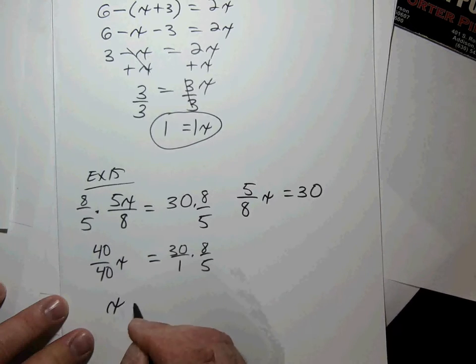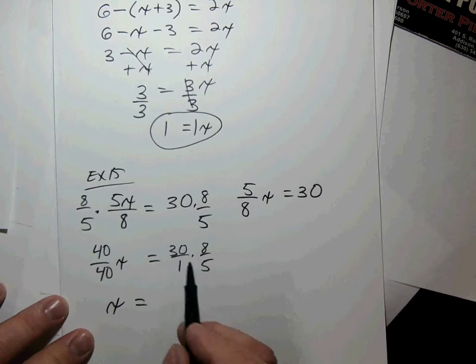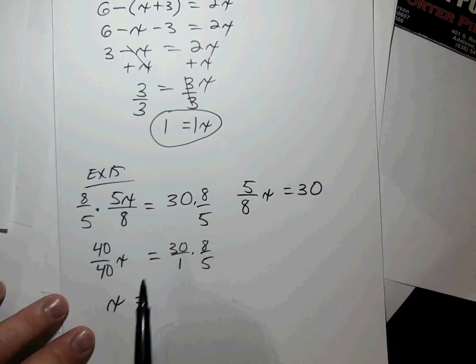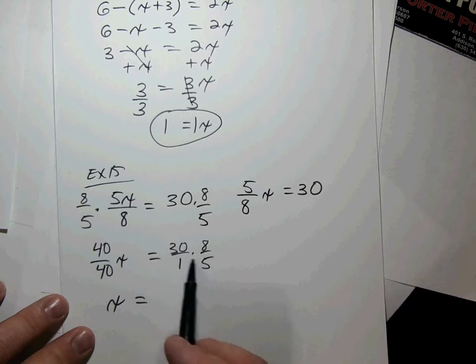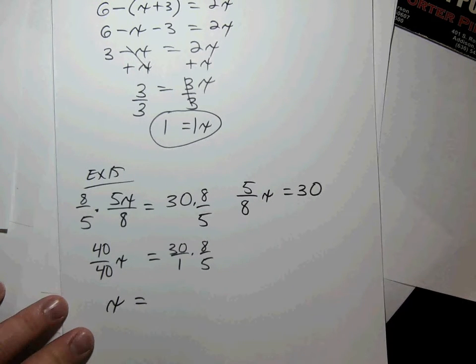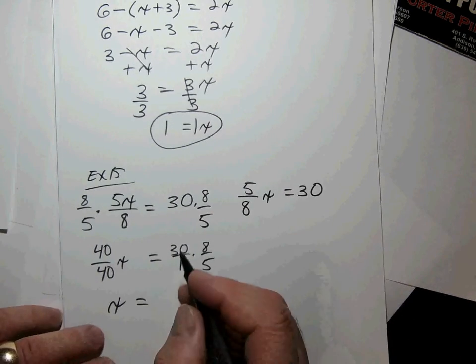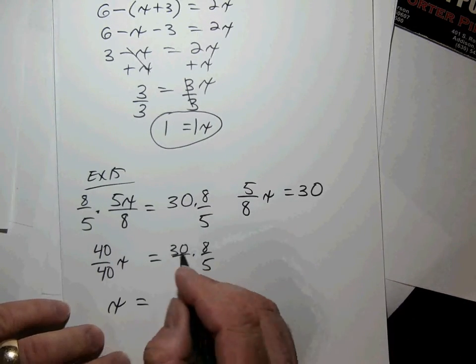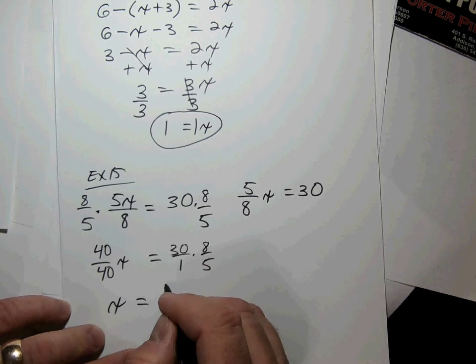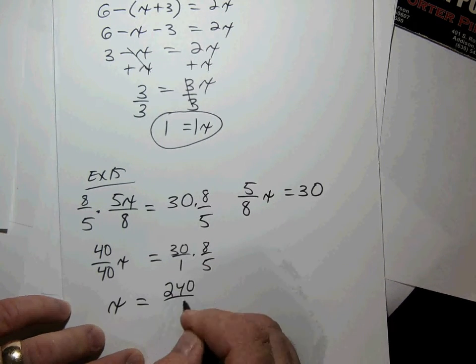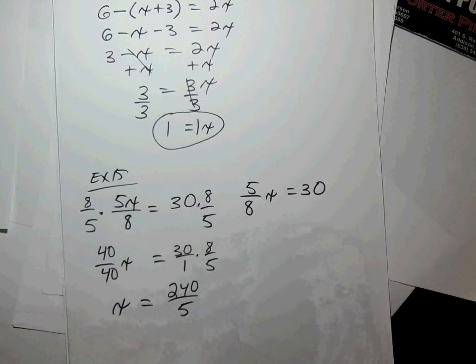So that's just x. And you know there's some clever canceling we can do here, right? Because at least inside the 30, there's a 5 hidden in there. So maybe we don't want to actually multiply it, but it's not the end of the world if we did, right? If we took 30 times 8, we're going to get 240 divided by 5, and then if you bust out the old calculator, it's easy enough to do.